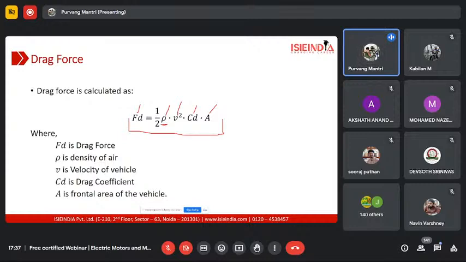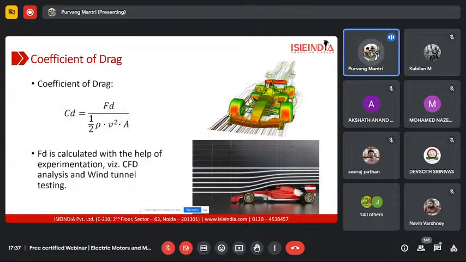Okay, so usually what we do is we calculate the drag force from CFD analysis or wind tunnel testing, and based on that we calculate the drag coefficient. So for calculating drag coefficient, we use the same formula. We have just shifted the terms from one side of the equal to sign to the other side.